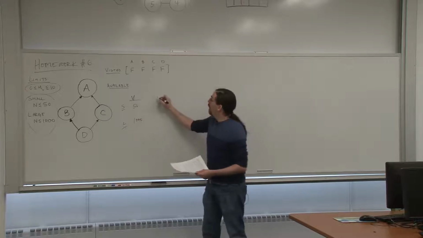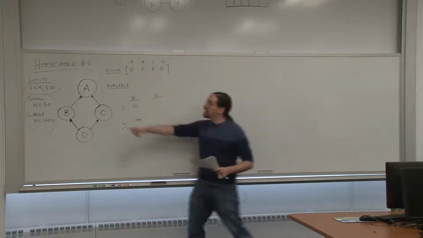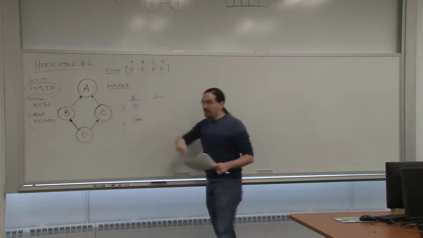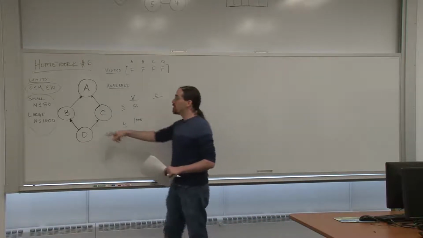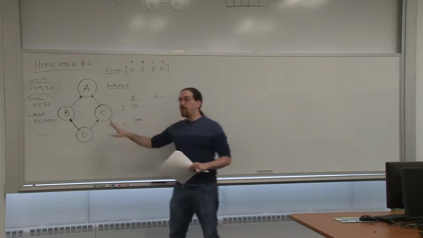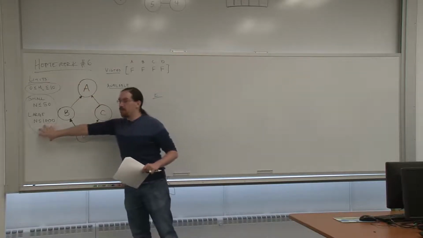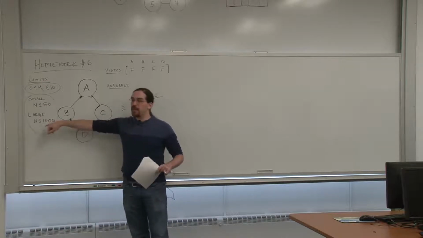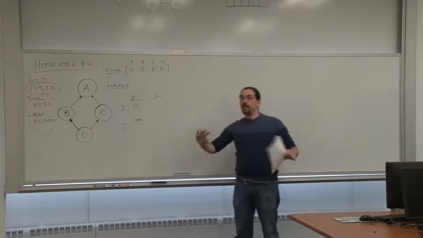The place where a lot of people made an error was in calculating edges, and that's because they didn't read this statement. So if you read in the input limits, every class can only inherit from at most 10 other classes. And so a lot of people skipped that and said, okay, in the large input limits, each of these could be potentially connected to every other one, so there's 1,000 squared possible edges, and that's far too big.